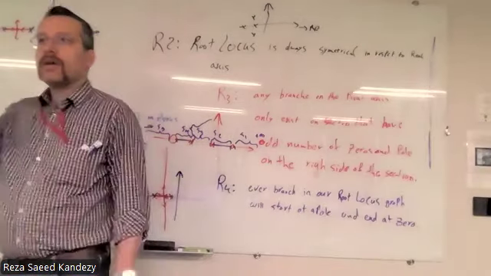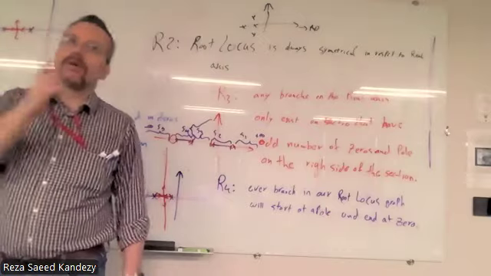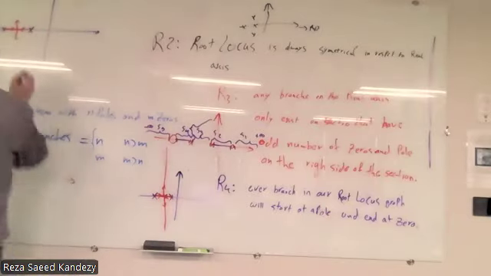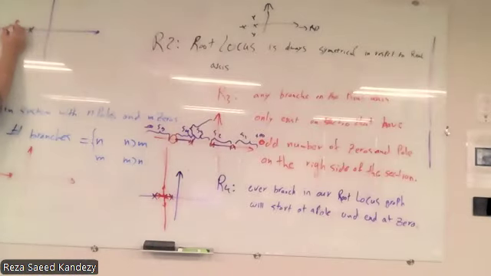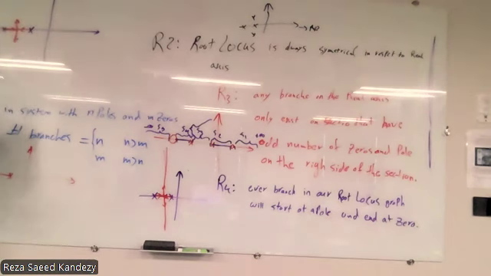We said every branch starts with a pole, ends with a zero. This is the trajectory of the first one. This is the trajectory of the second. This is the trajectory of the first pole and first zero, and this is the trajectory of the second pole and second zero.